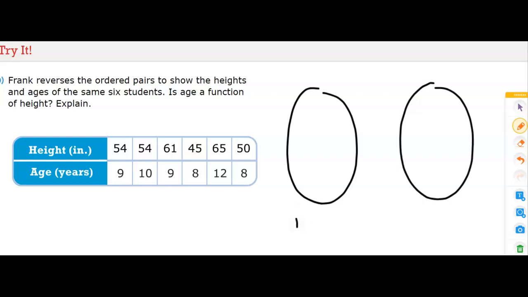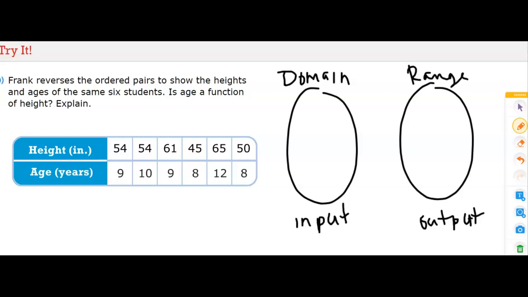And so this will be input, output, and I'll write domain and range so we can keep those words in our vocabulary. Okay, so let's list our inputs.